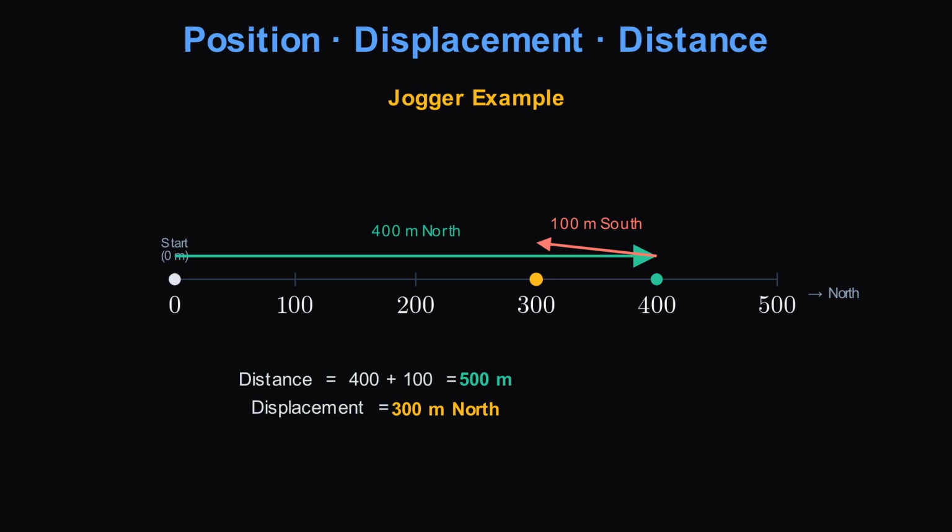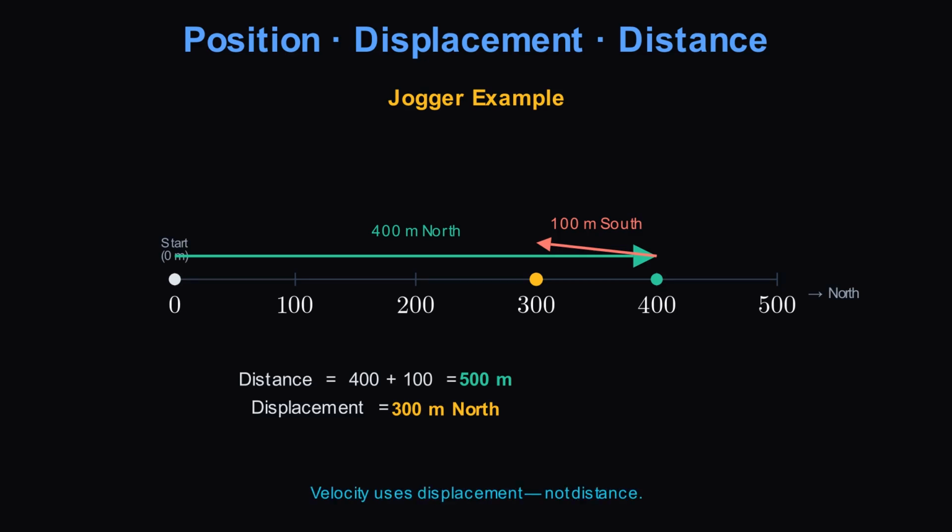Her displacement, however, is only 300 meters north, that is, x final minus x initial. If she had started at the park gates and ended 300 meters north, her displacement is 300 meters north regardless of which winding path she took.